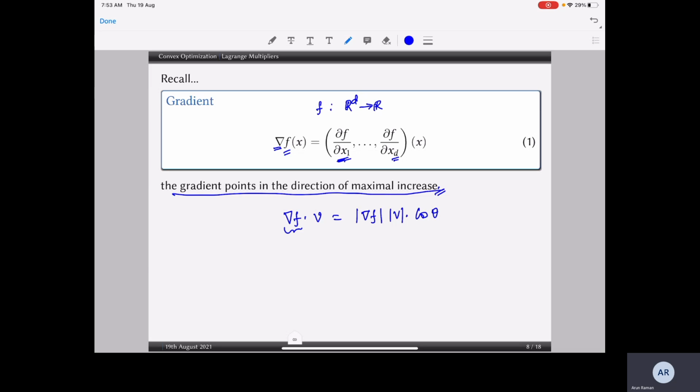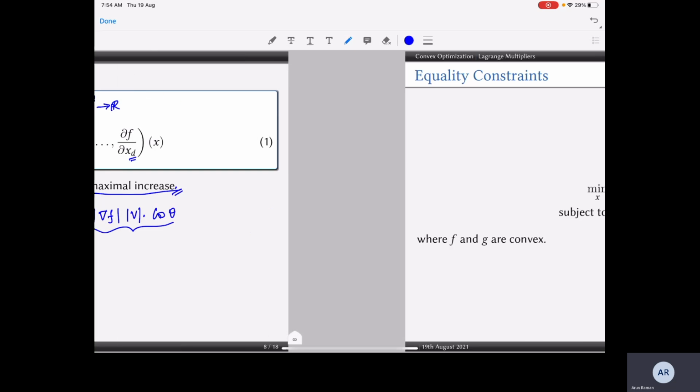And if v is the direction of maximal increase, we want to find how much change occurs. The whole idea is that the right hand side is maximized when theta is equal to 0, so cos theta becomes 1. So the gradient and v point in the same direction. This is a very hand wavy argument, proving the claim that the gradient points in the direction of maximum increase.